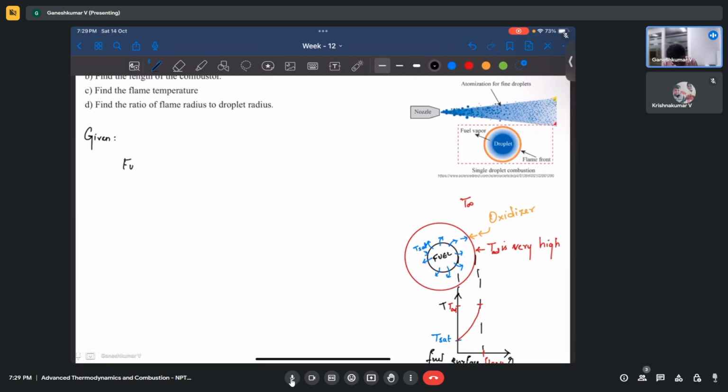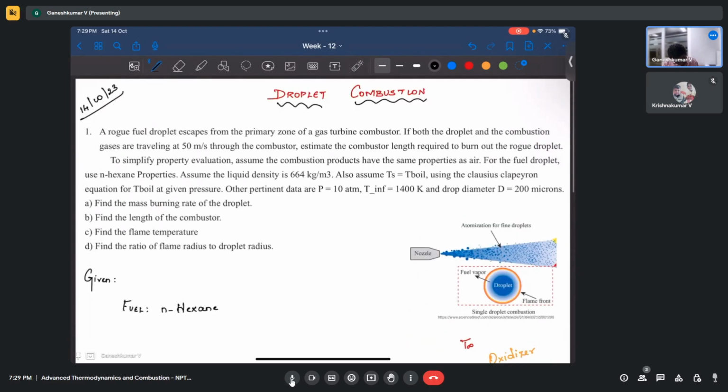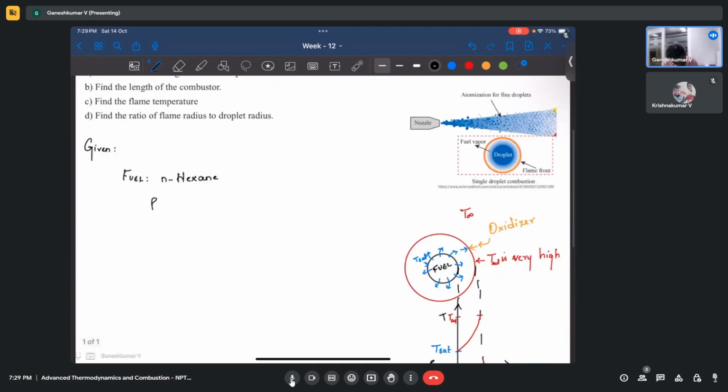So the fuel is n-hexane, and rho L is 664 kg per meter cube.